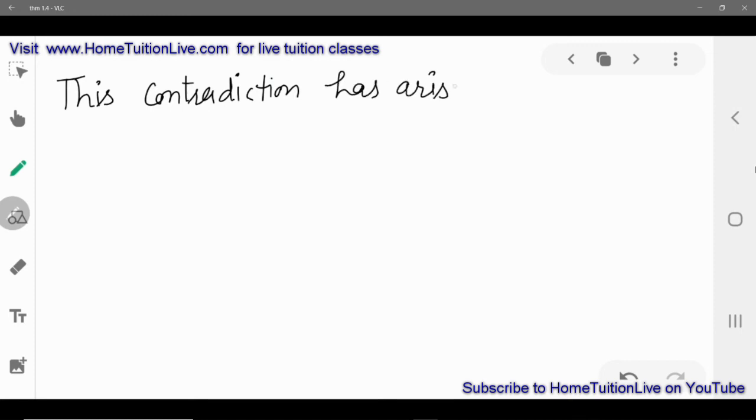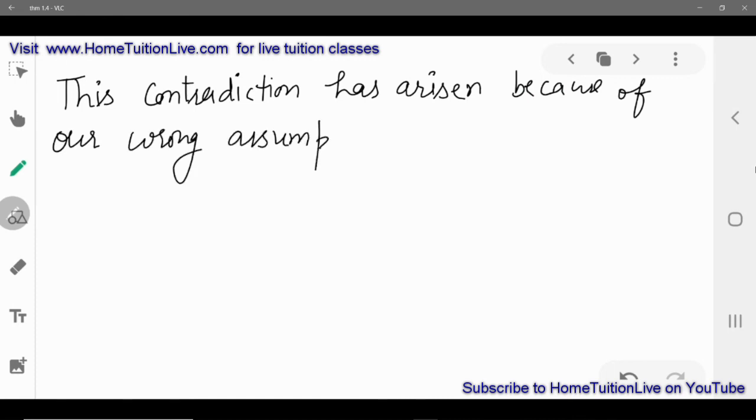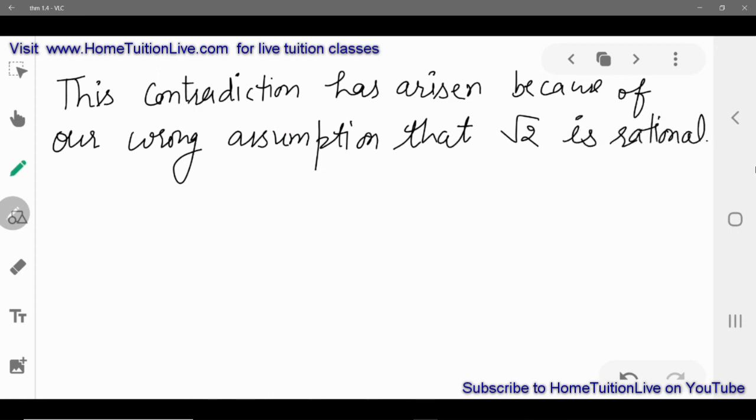And this contradiction has arisen because of our wrong assumption that root 2 is rational, and that is what we have to prove.